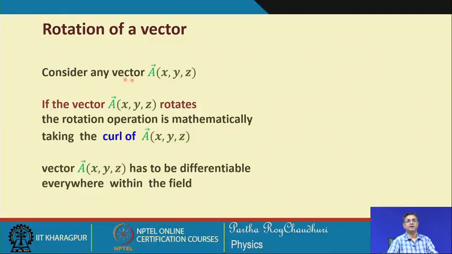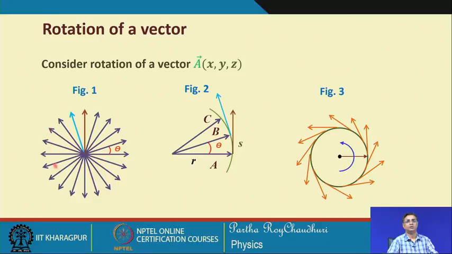To understand that, let us consider any vector, and the rotation operation is nothing but taking the curl of this vector, and the property that is required is that this vector A has to be differentiable everywhere within the field where we are looking for the rotation.